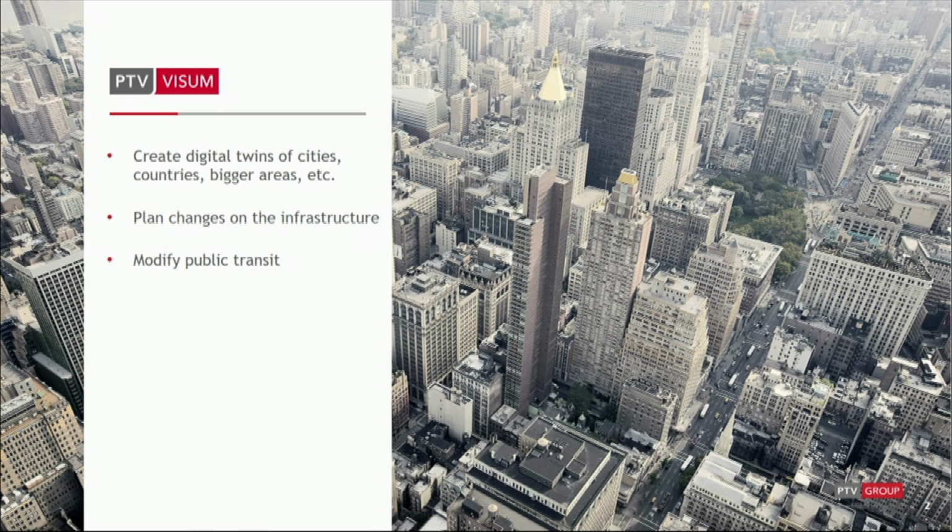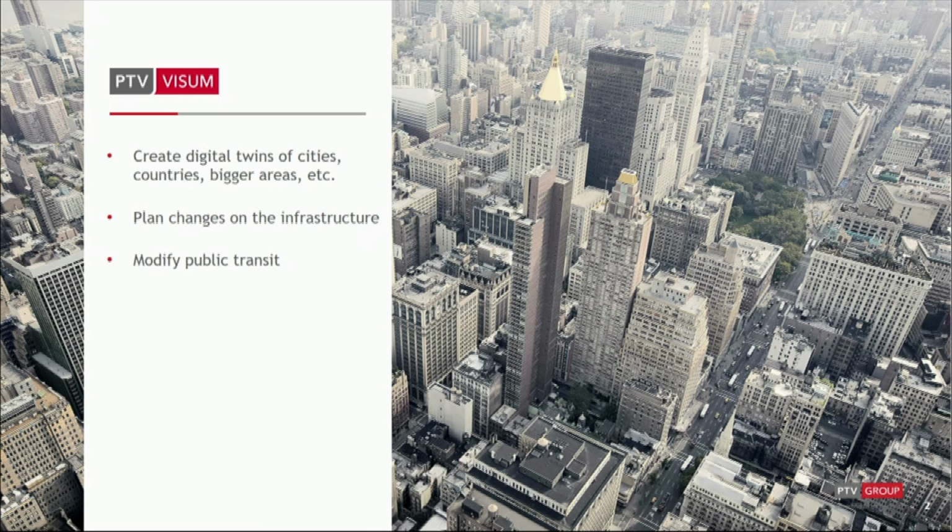For example, if you want to build a new bridge or a new pedestrian area and you want to measure the performance of the mobility of people around those areas, then macroscopic simulation is the way to go. Also modifying public transit or including new mobility solutions like e-scooters. Those are meant to be evaluated through a macroscopic simulation.